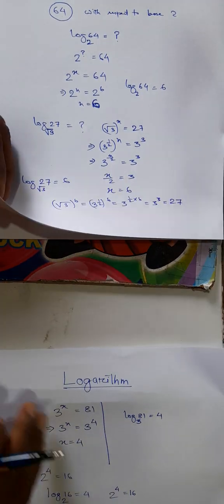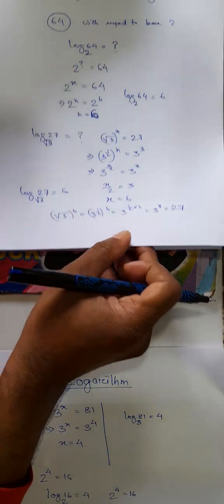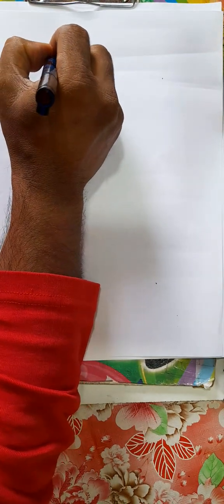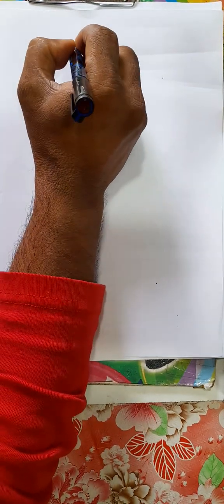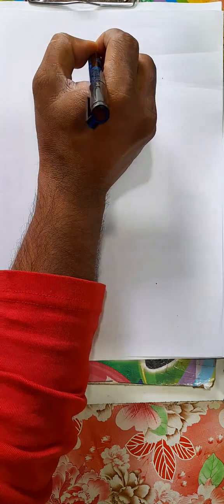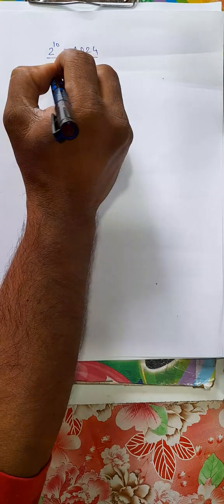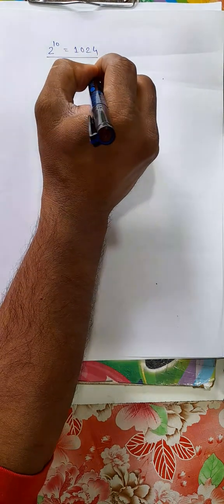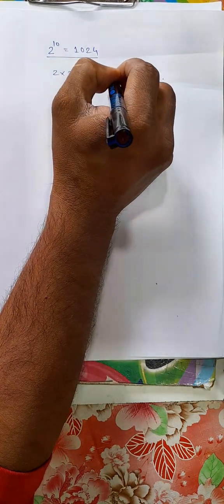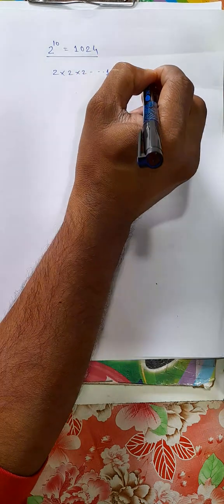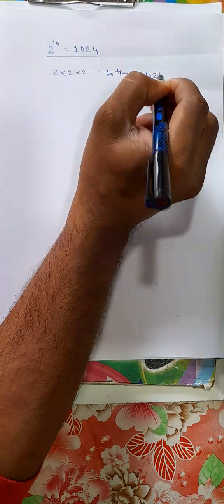Now, what is the use of logarithm in our daily life? Is there any use of logarithm in our life? Say for example, 2 to the power 10 equals 1024, right? You can do it easily. Multiply 10 times, then you got 1024.